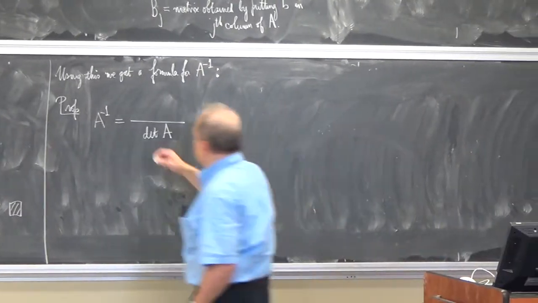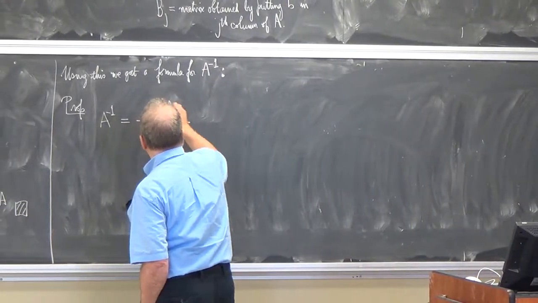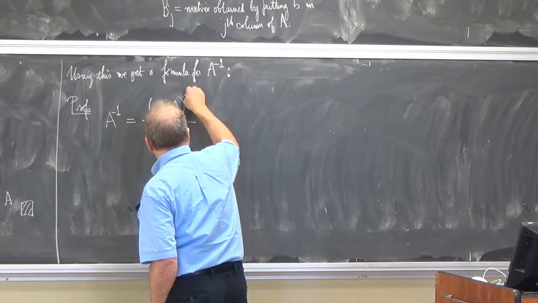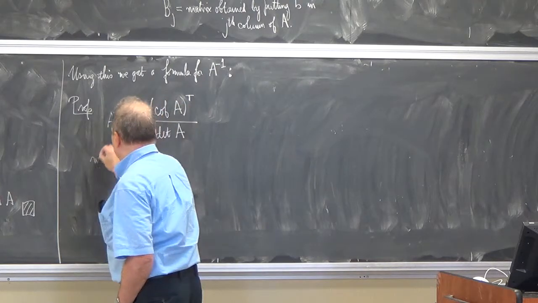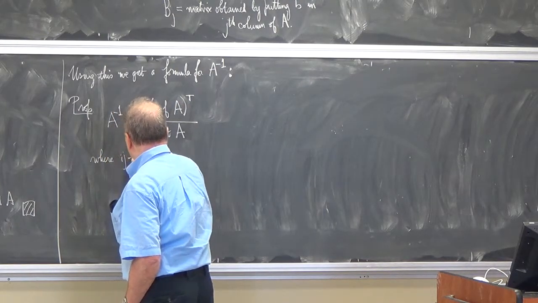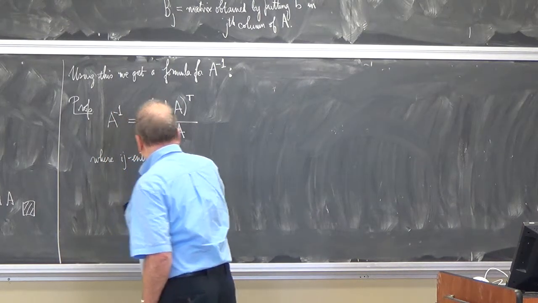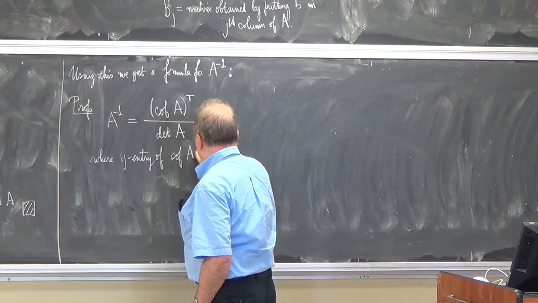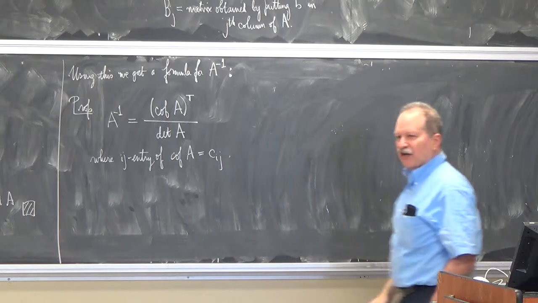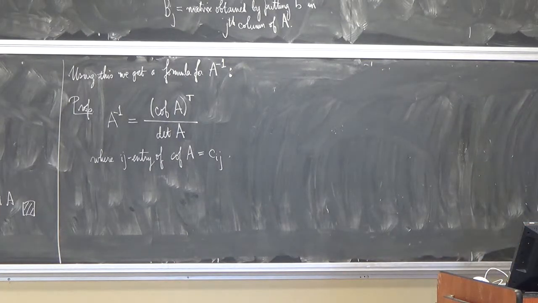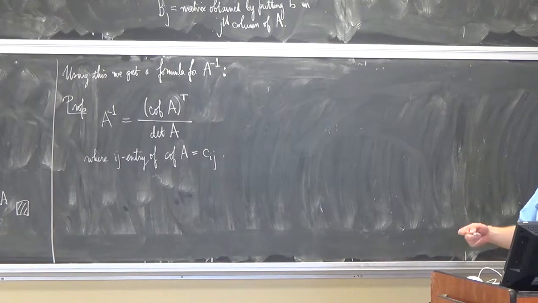And then what goes in the numerator is a matrix built out of the cofactors and transposed. So the ij entry of cof A is the ij cofactor there. So it's the cofactor matrix, and then you turn it on its side, you transpose it, and you divide by the determinant.